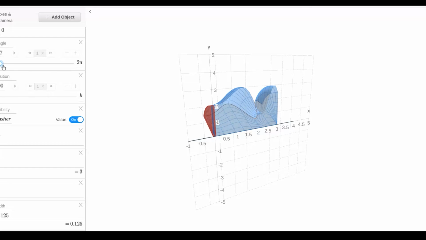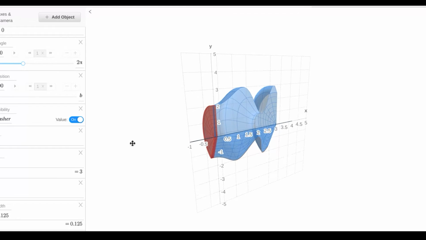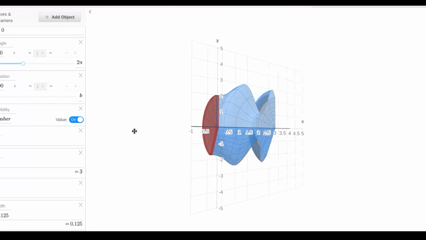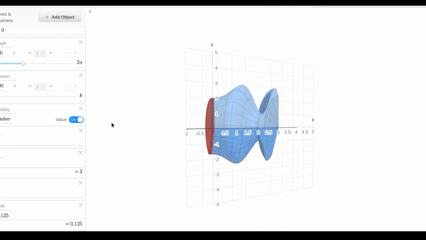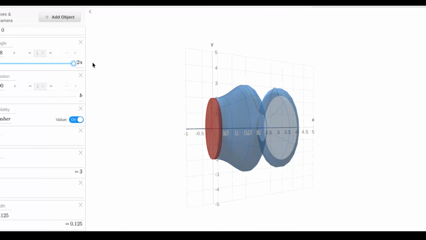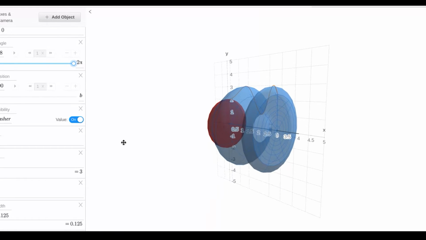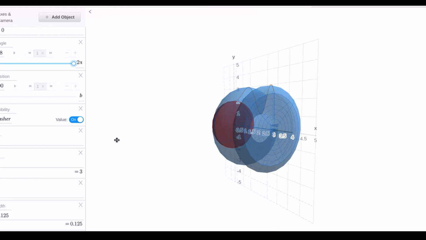All right, so it's going to rotate. It's going to go around. Let me just stop there. You can see, I haven't gone the full way yet, but you see how it's rotating around? Okay, and now I'm going to take it all the way. You get this kind of vase-looking object. All right. So this is the object that we're trying to find the volume of.